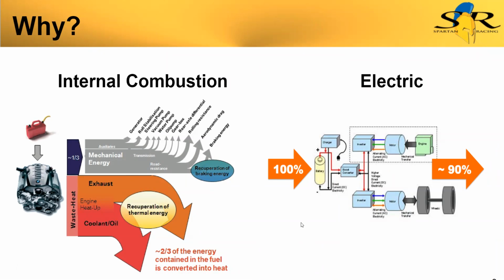In internal combustion engines, only about a third of the energy goes to the wheels or to mechanical energy, and the other roughly 2/3 is heat that goes out the exhaust and through the coolant or oil. So about 1/3 of the heat has to be rejected through coolant and oil. And an electric car, being more efficient, is maybe roughly 10% waste heat.